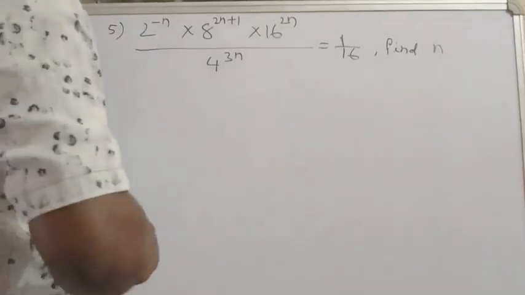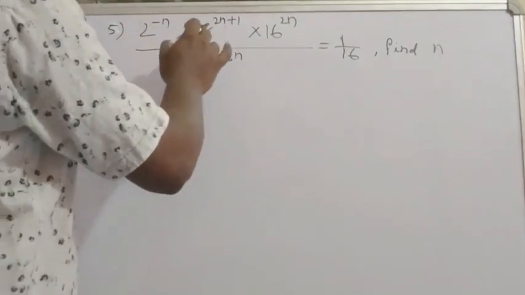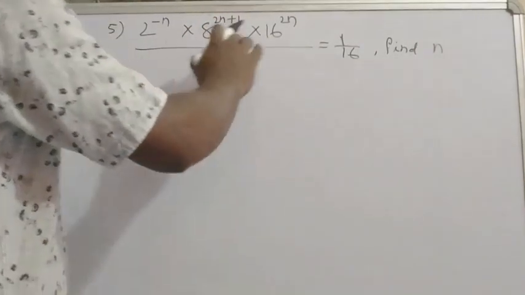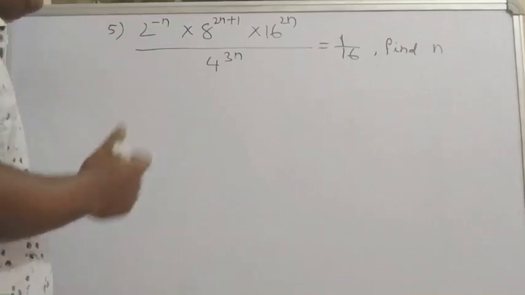So how to solve? Here 2 is given, here 8 is given, here 16 is given, here 4 is given as base. All you bring in the same form, in the power of 2.